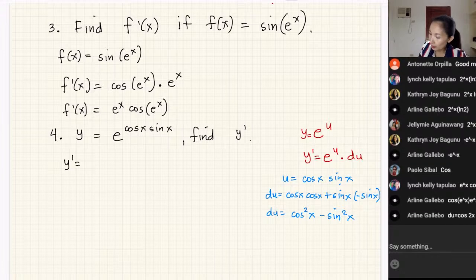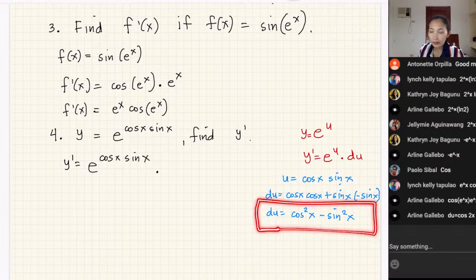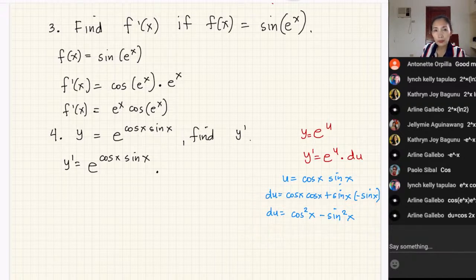So e raised to cosine x sine x times this. However, from your identities, cosine squared x minus sine squared x is equal to, by one double angle formula, cosine 2x.